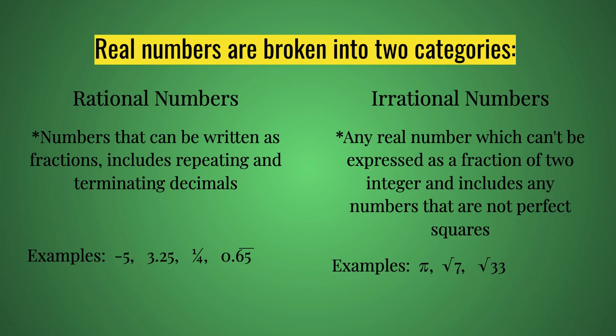It is not actually able to be put in a fraction form. So a lot of times when we talk about irrational numbers, we're talking about numbers that are not perfect squares. So the first thing we want to do when we look at a number is decide, does it fit into the rational category or the irrational category?